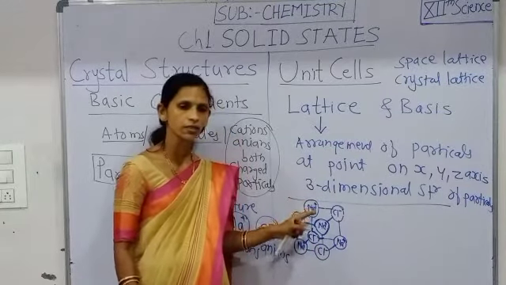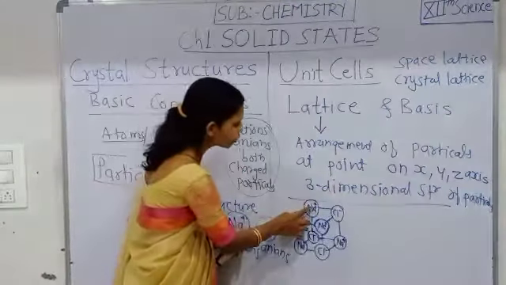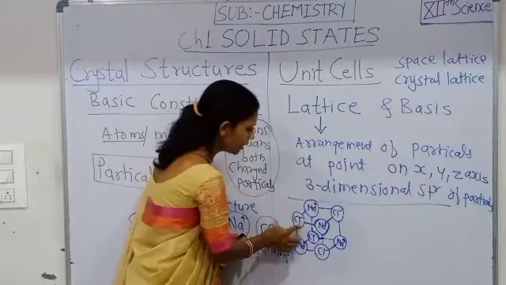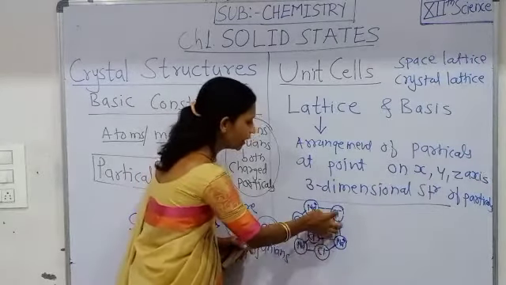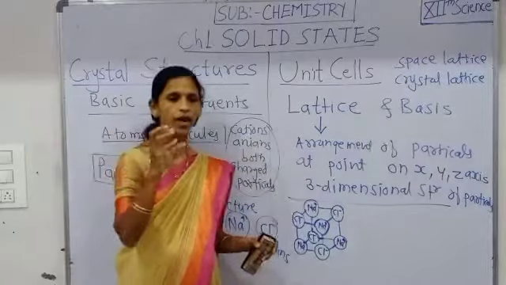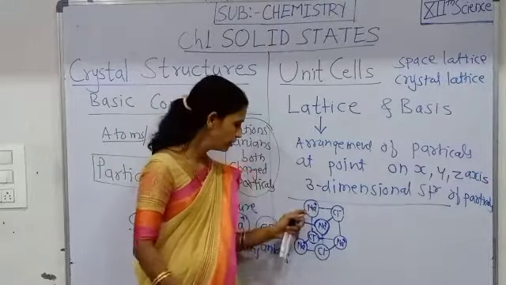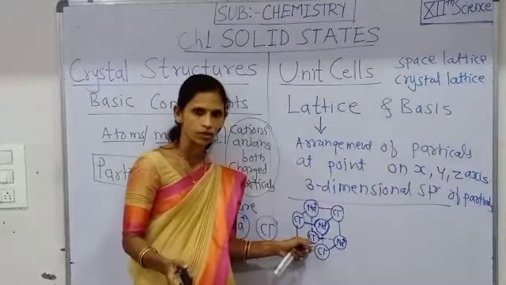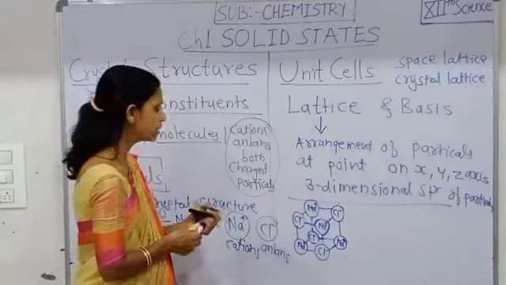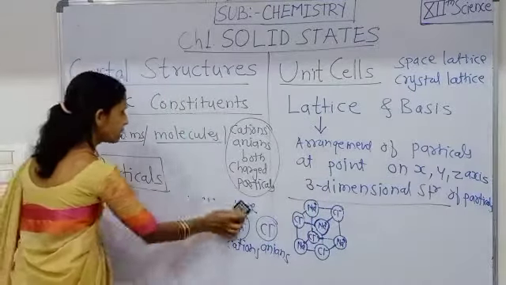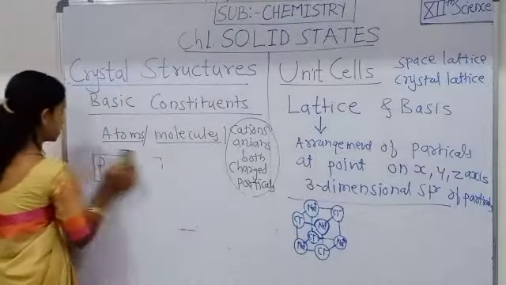Here the particles are at every corner, at the 8 corners of that cubic structure. Therefore, it is known as simple cubic structure.